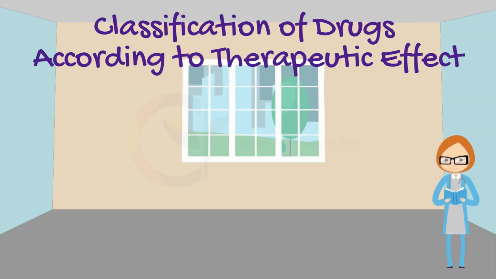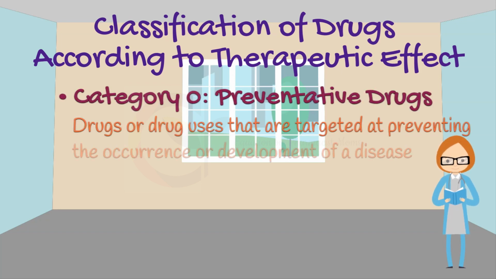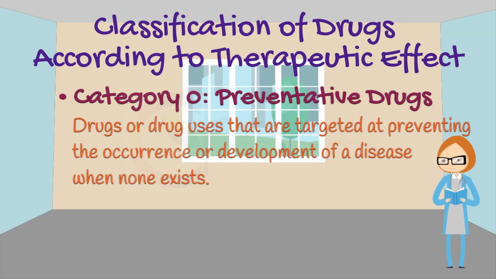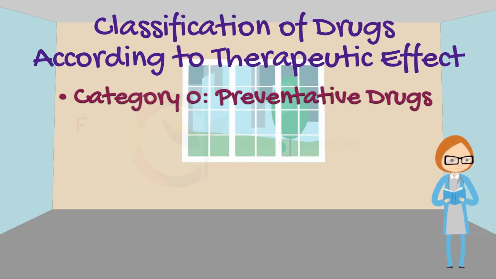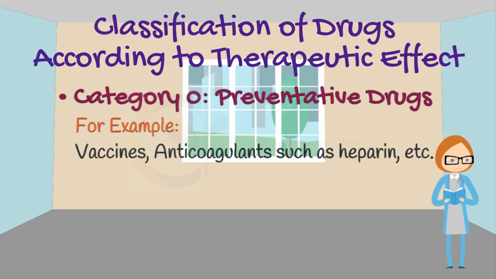In summary, this system includes Category 0 or preventative drugs. This encompasses drugs or drug uses that are targeted at preventing the occurrence or development of a disease when none exists. For example, vaccines, anticoagulants such as heparin, etc.